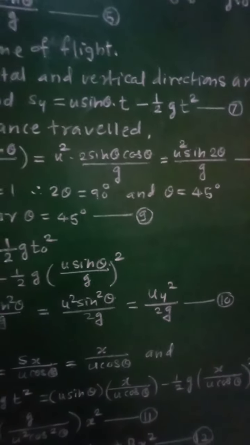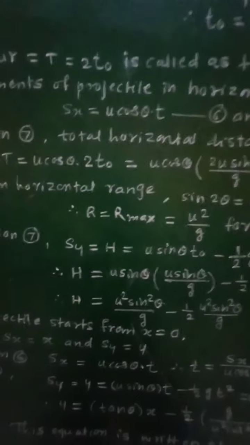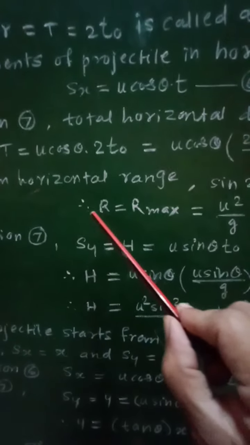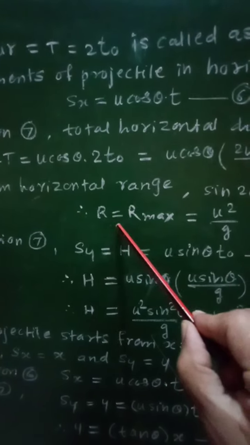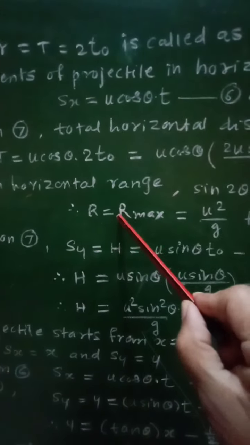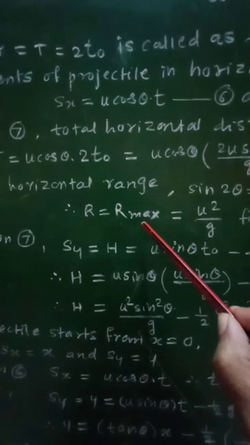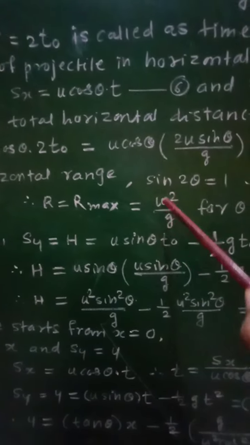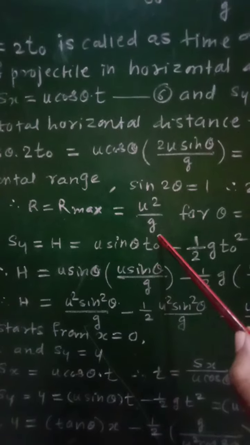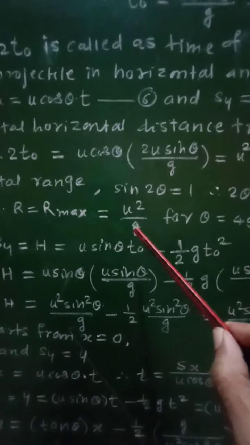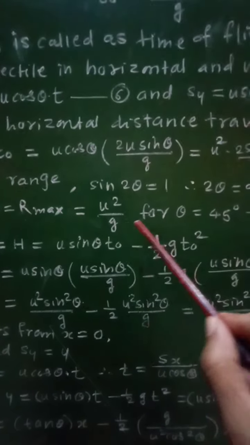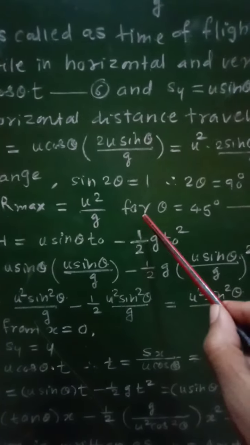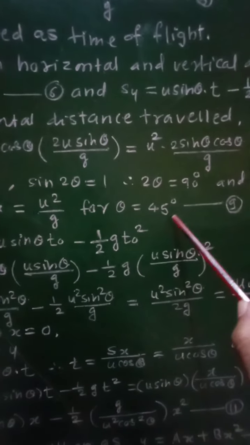So theta is equal to 45 degree, and therefore we can say that the horizontal distance covered, R maximum, that is the horizontal range R max, will be equal to u square upon g, because sin 2 theta is equal to 1, and it will be maximum when theta is equal to 45 degree, equation number 9.